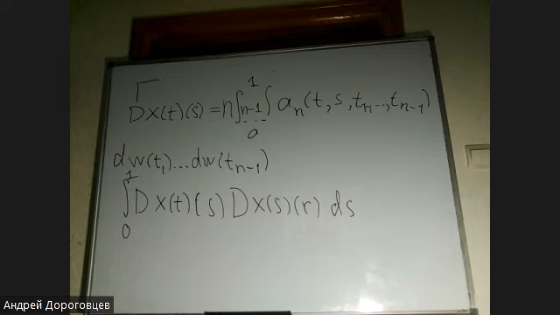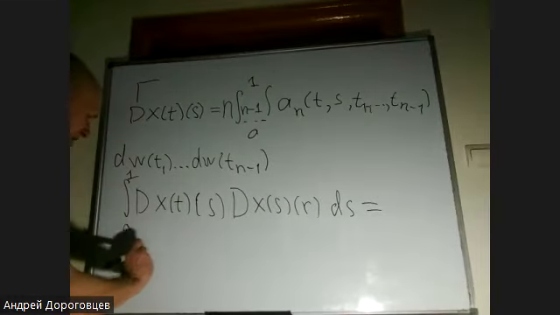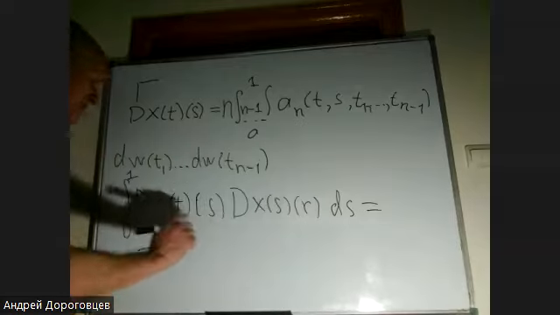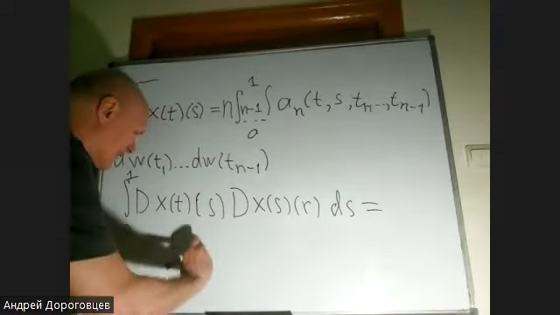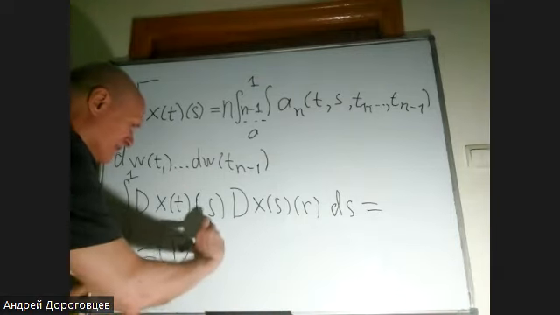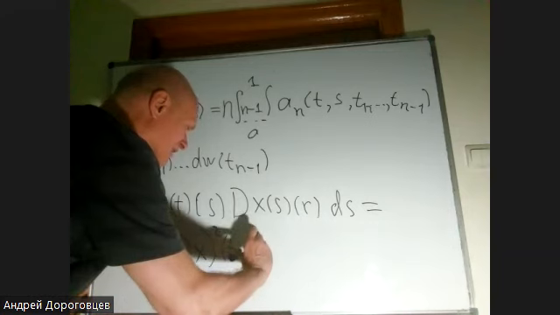Okay. This is such an operator which is related to such a new kernel. It depends on t and r, and this is dx. Maybe I will write here the square, from t and r.